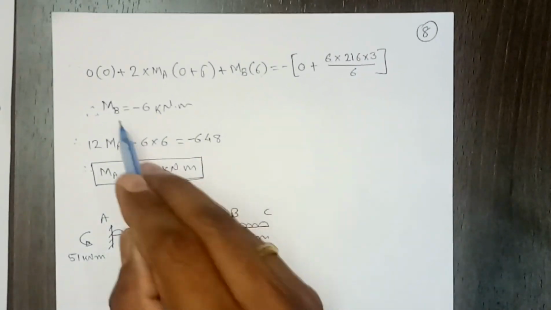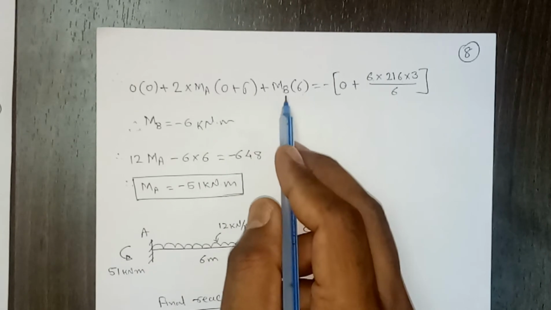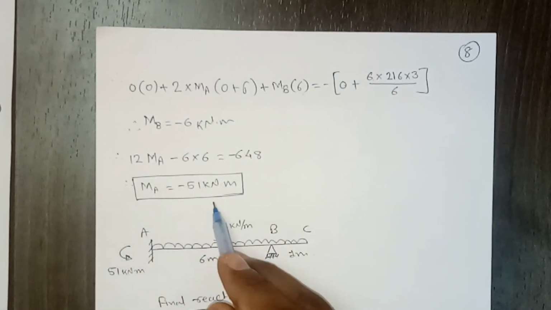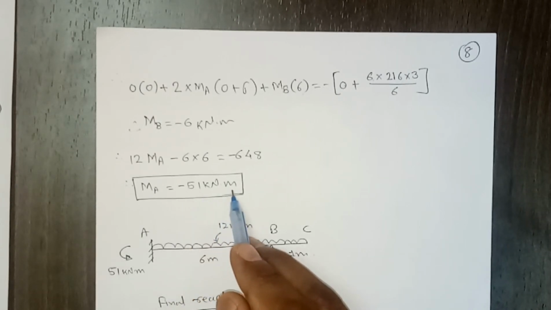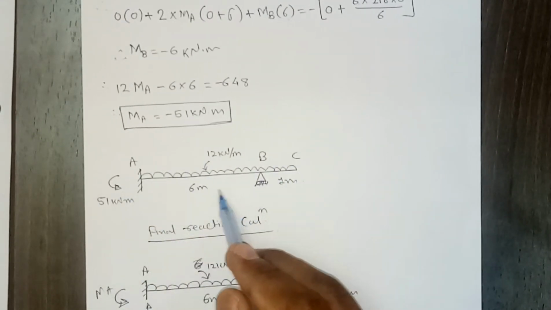We'll substitute that, and even the value of MB, which we already know. Then we can solve it, so we get the value of MA equal to minus 51 kilonewton meter, right? So minus 51.